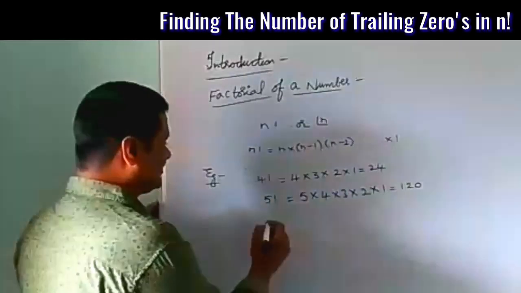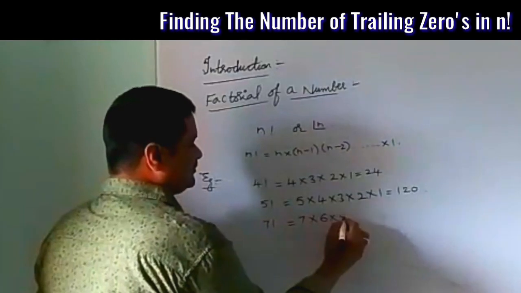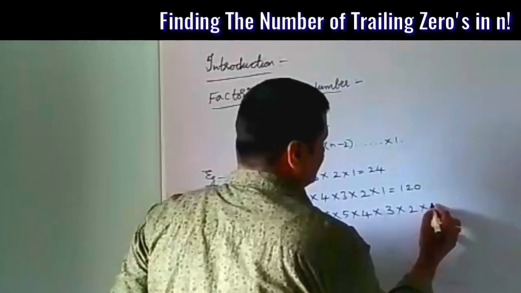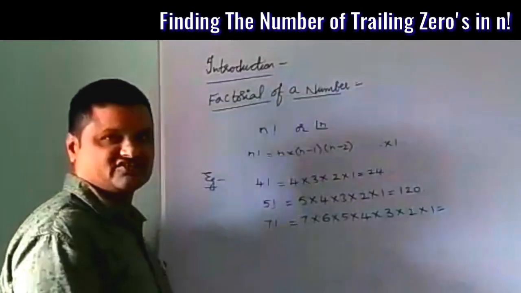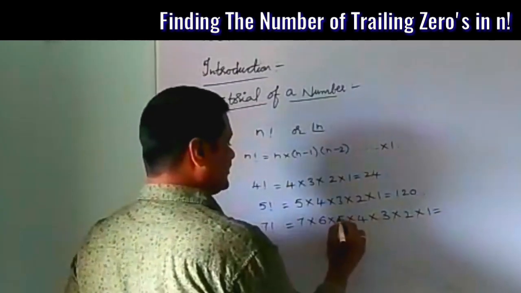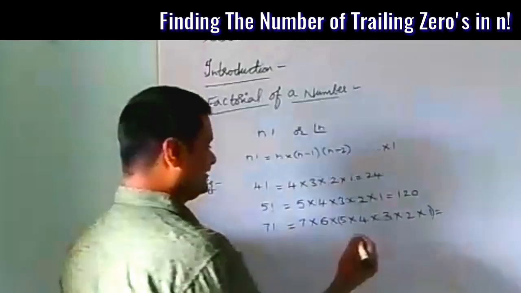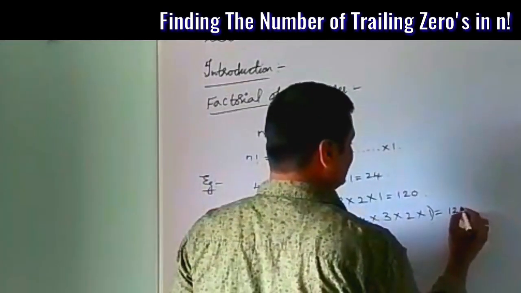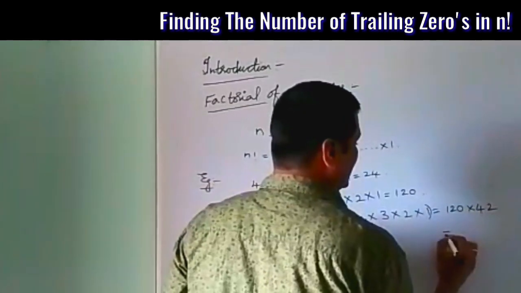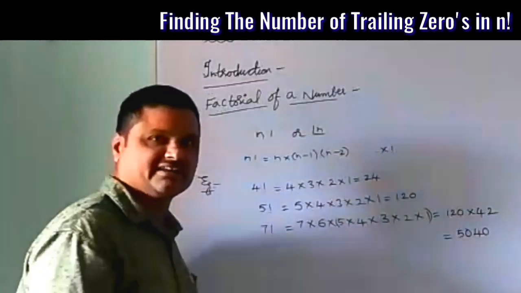Let us now consider 7 factorial: 7 into 6 into 5 into 4 into 3 into 2 into 1. Already we got 5 into 4 into 3 into 2 into 1 as 120, and 7 into 6 is 42, so its value is 5040.